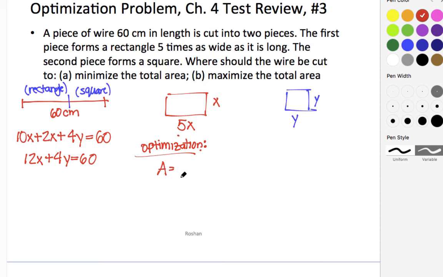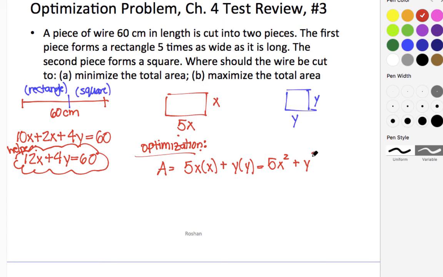This is what I want in all of one variable before I take a derivative. That makes me know that this right here is going to be my helper because it's my other equation, right? So the area is, I have to add the area of this and the area of that separately. So I have 5x times x plus y times y, which is 5x squared plus y squared.